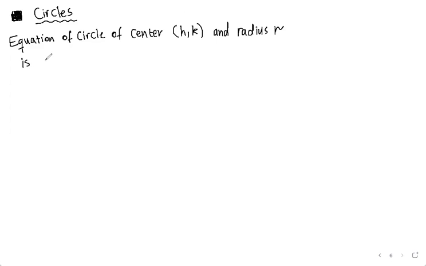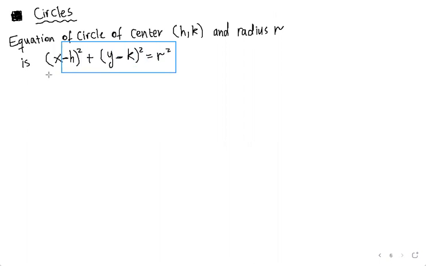The equation is x minus the x-coordinate of the center h, squared, plus y minus the y-coordinate of the center k, squared, equals the radius squared. So this is the equation of the circle: (x minus h) squared plus (y minus k) squared equals r squared.